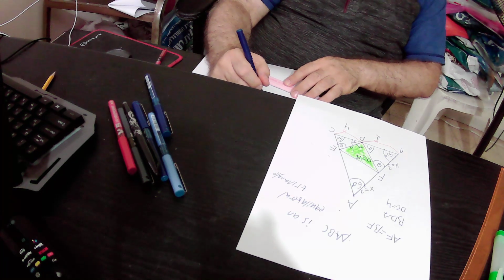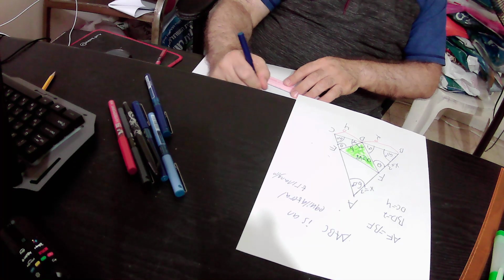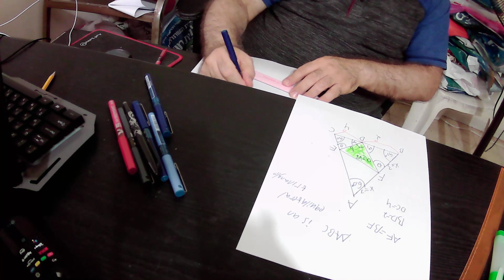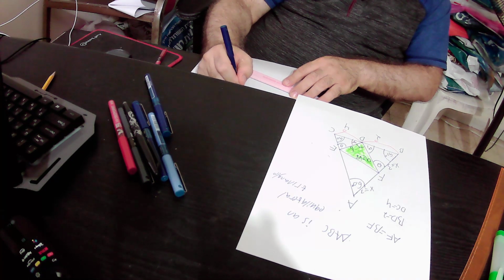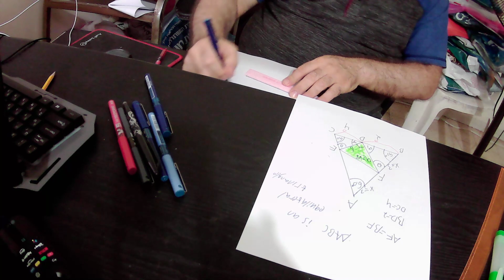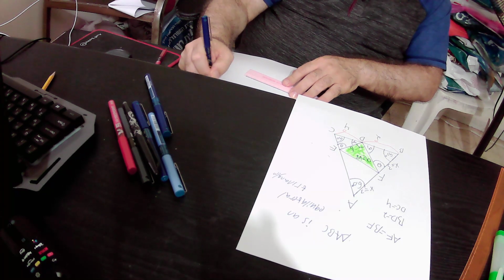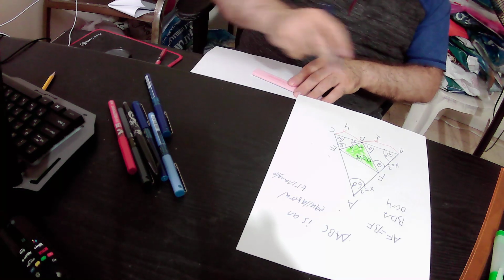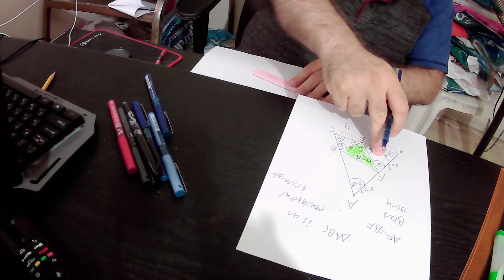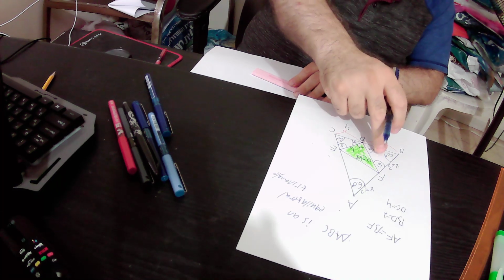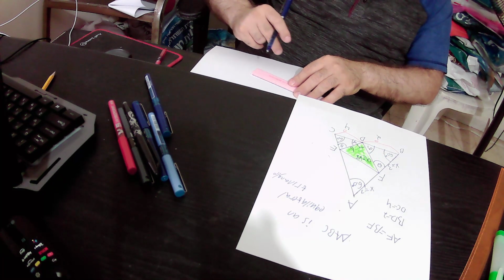That is to say, equation number 1 will be that 60 degrees plus theta plus alpha equals 180 degrees.